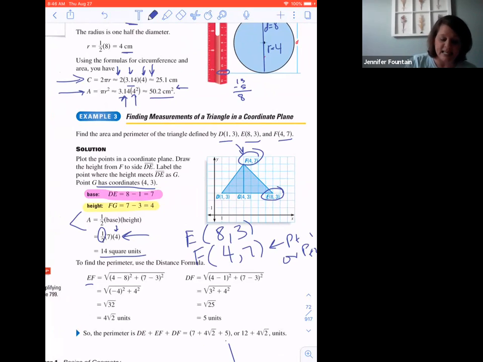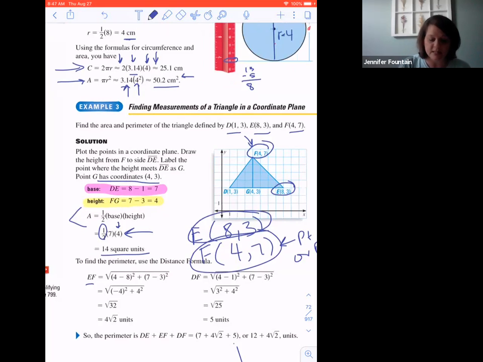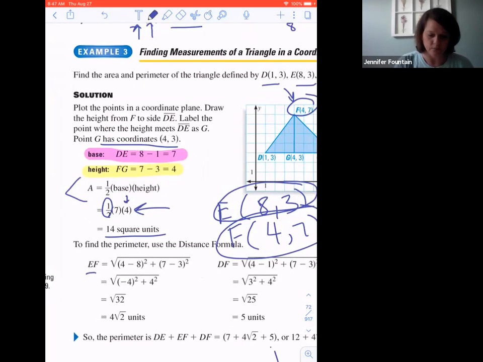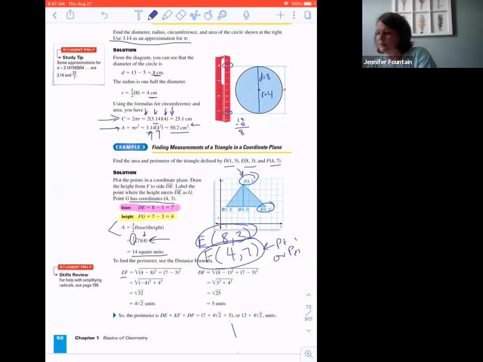If you're using E as point 1, then you put it in the proper places. If you're using F as point 2, make sure that it's consistent. Let me say this as clearly as possible.